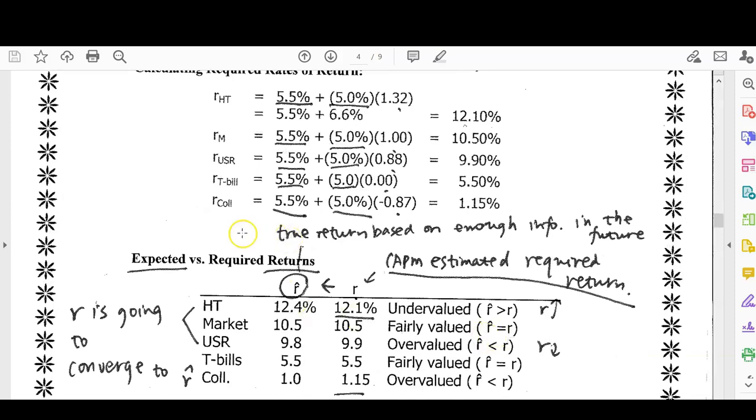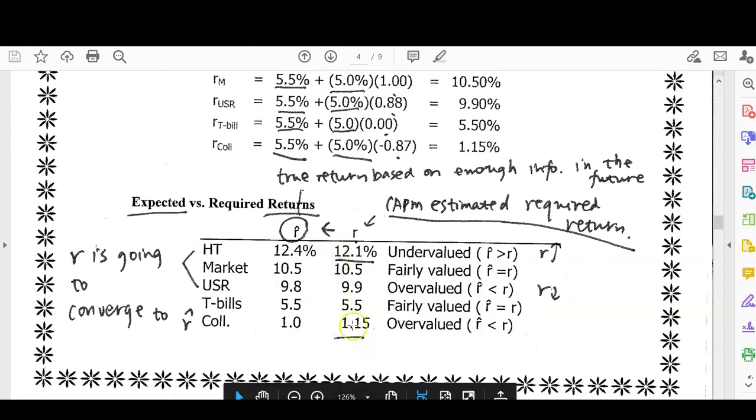For the stock return we estimate from the model, we call it Ri. We say this is the required return of the stock, or CAPM estimated required return. These 5 numbers are estimated by using the model, the required return estimated from SML or CAPM.